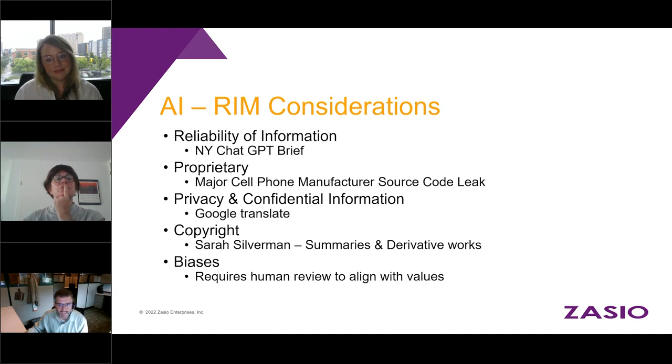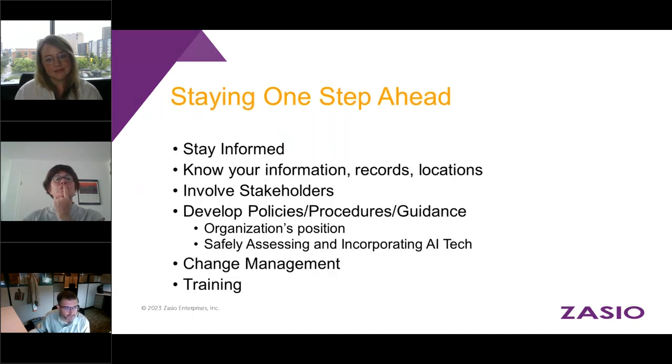And so finally on this, staying one step ahead, I don't think we have time to go through all of these. We're already at the hour, but just really staying informed and making sure our core RIM priorities are considered under AI. Reconsidering your policies, procedures, guidelines, your training, your change management, all of that, in an analogous way that email has caused us to re-question the way that our policies, procedures, guidelines, processes work, is really the best way to be proactive from a records management perspective.